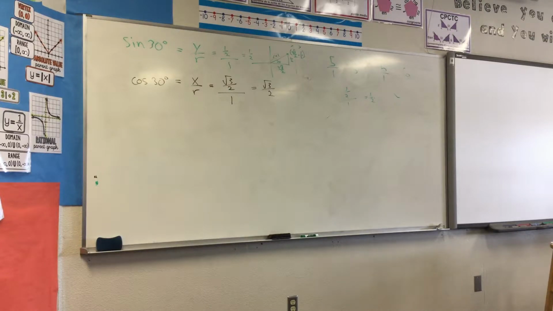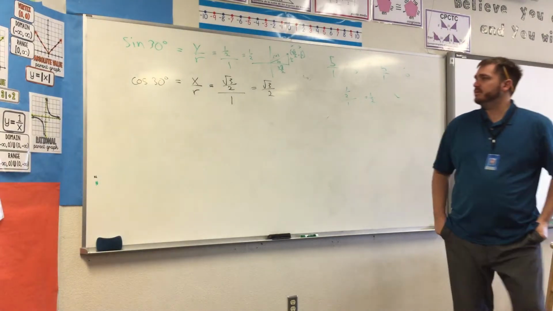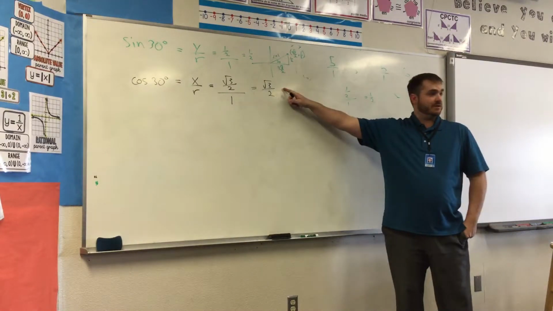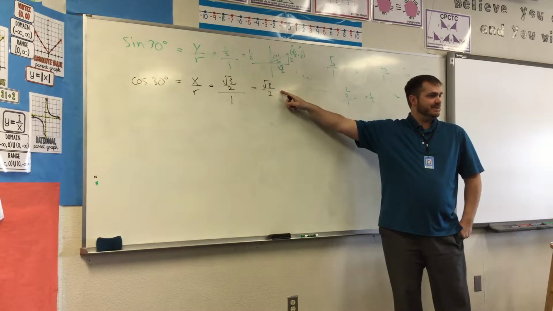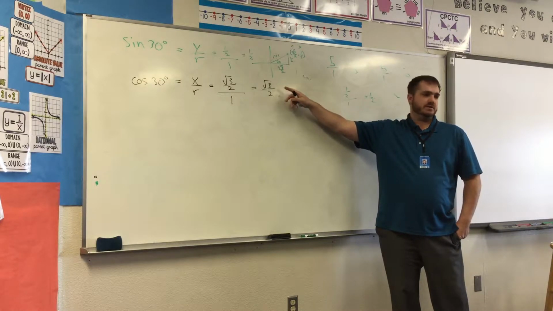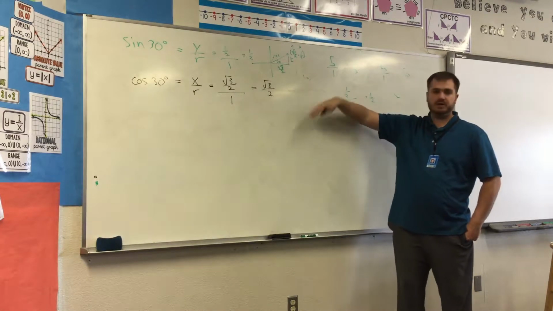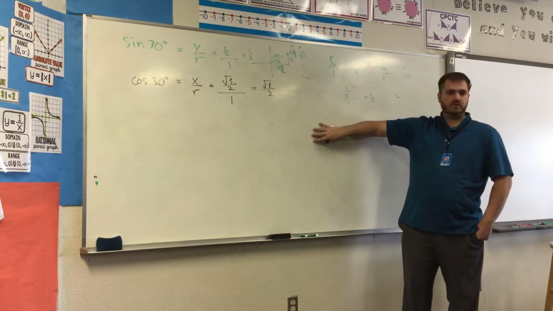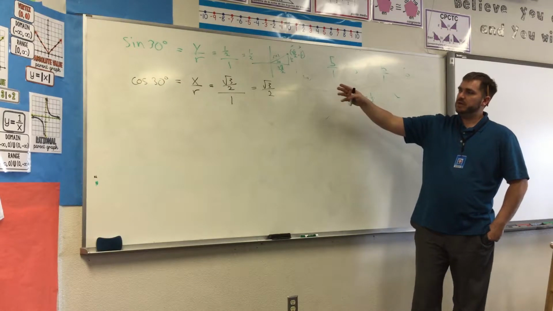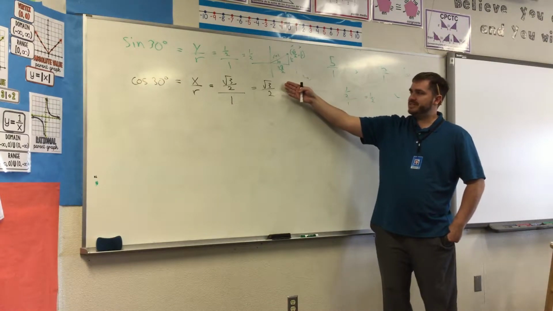I've been a math student for a while, so I'm going to do math enter, enter. Anybody tried that? It doesn't work. Math enter, enter doesn't work with irrational numbers. It only works with rational numbers that it can turn into a ratio of whole number over whole number. Square root of 3 over 2 is actually irrational.